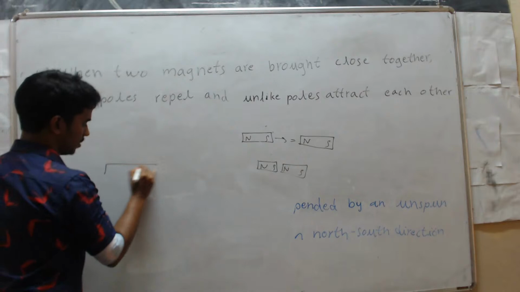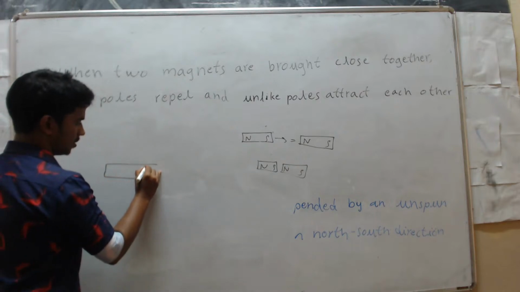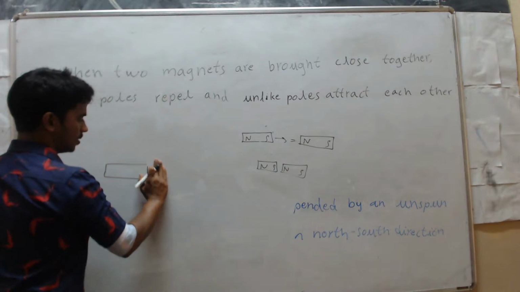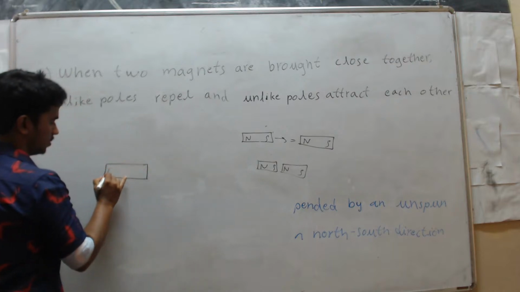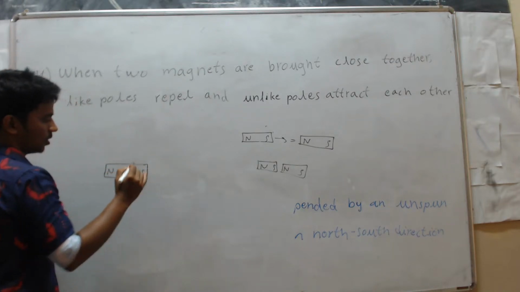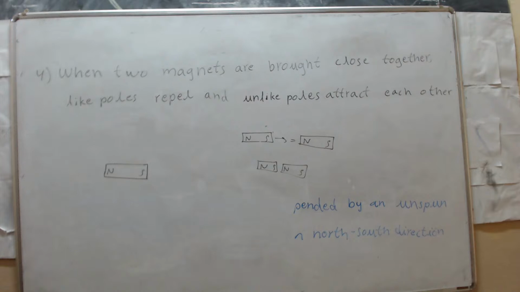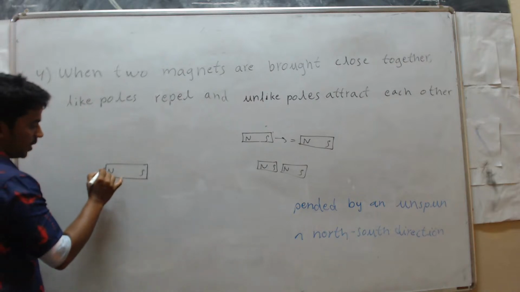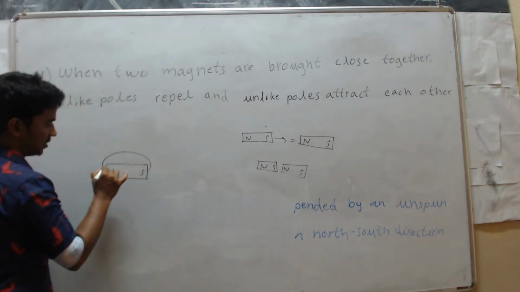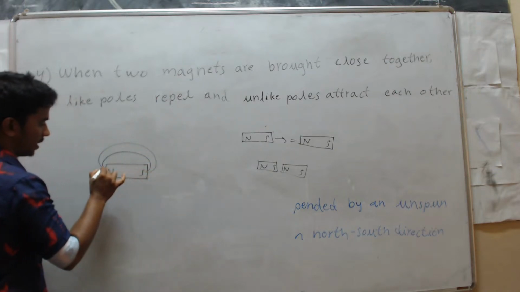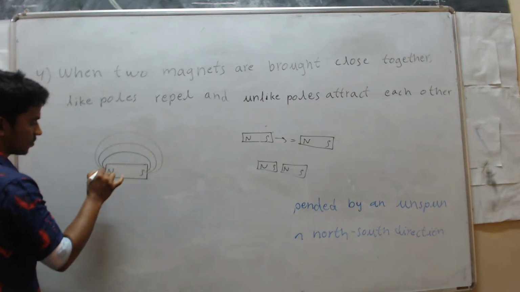Around this magnet, north south, there are magnetic field lines. We call these magnetic field lines.